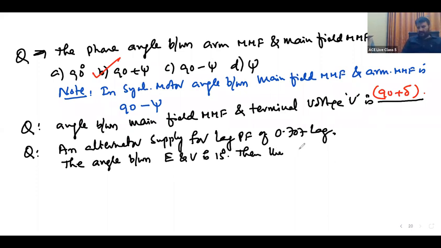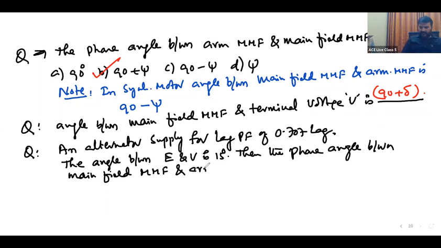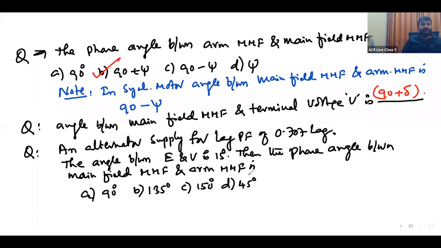Then the phase angle between main field MMF and armature MMF is: A, 90 degrees; B, 135 degrees; C, 150 degrees; D, 45 degrees.